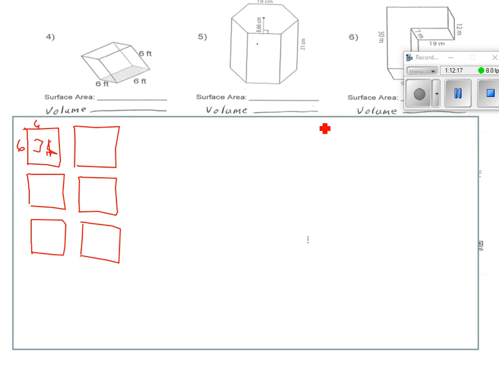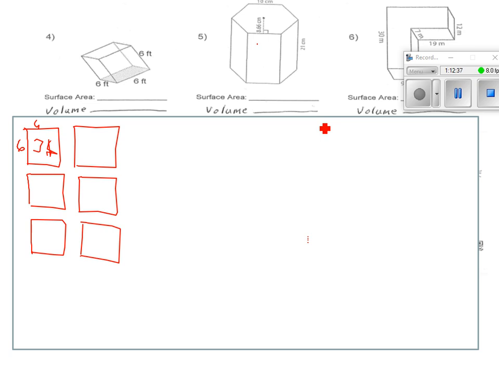We don't have the brain capacity. How do you find the volume? Remember, volume is big B times height. What's the base? Remember, that's the area of the base. Which one was the base? The hexagon.